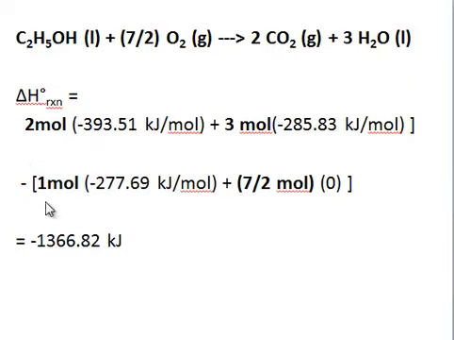Then I subtract, I've got it down here in braces, the term on the bottom: 1 mole times the heat of formation of the alcohol, because we have 1 mole of alcohol, and 7/2 times a 0, because oxygen's an element. Products minus reactants, and we're taking the negative of a negative number again, gives an answer of negative 1366.82 kilojoules.